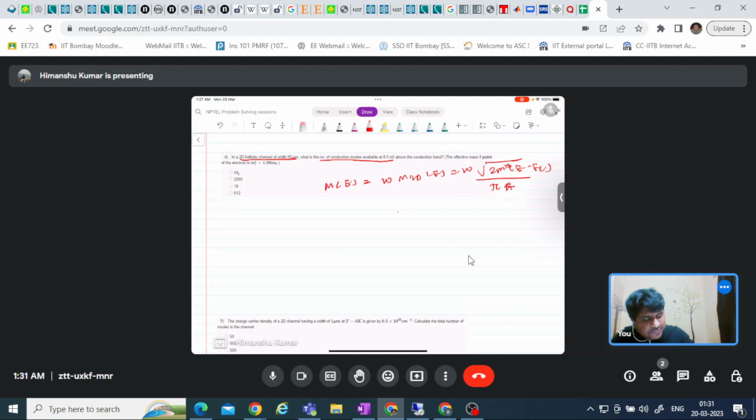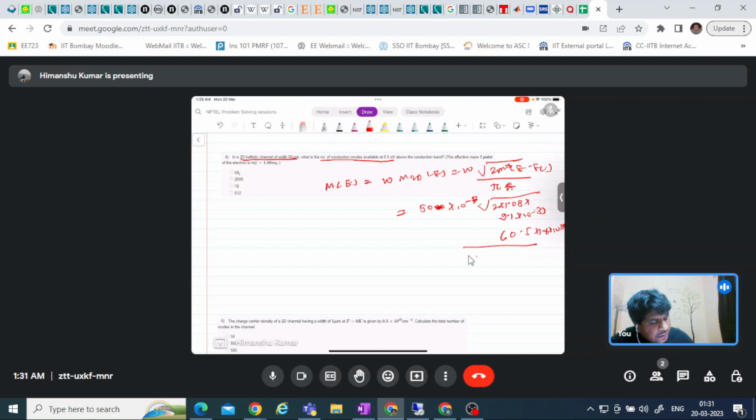So if we put the value of W, which is equal to 50 nanometer, we can put the unit, so it will be 50 into 10 to the minus 7 centimeter. Then we can put the value of m star as 1.08 m naught. 2 times 1.08 m naught, with m naught being 9.1 into 10 to the minus 31. Then E minus EC is 0.5 electron volt, so 0.5 into 1.6 into 10 to the minus 19.